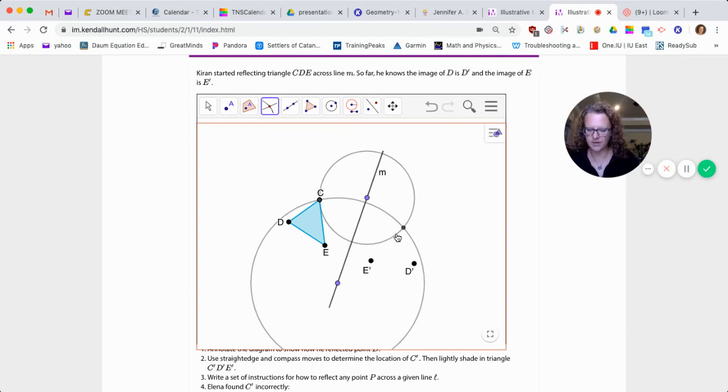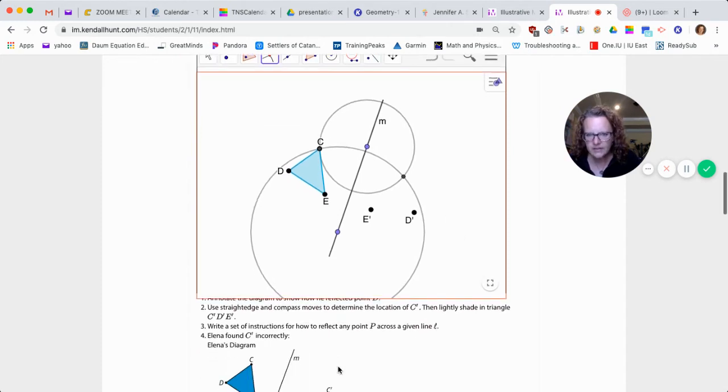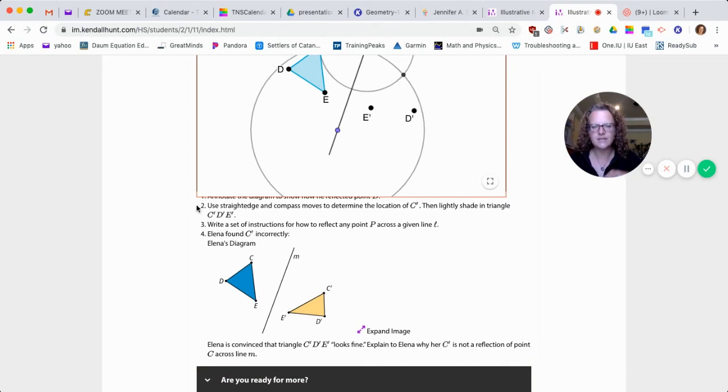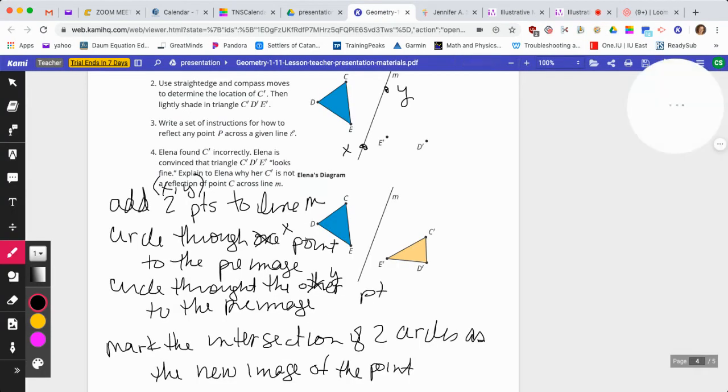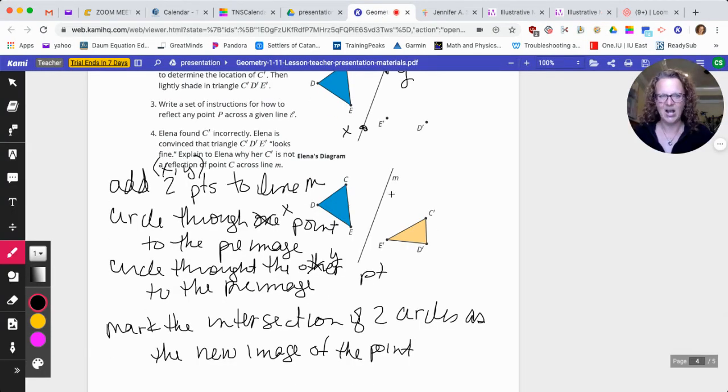Set of instructions. Alina found C prime incorrectly. Alina is convinced that triangle CDE looks fine. Explain to Alina why her C prime is not a reflection point across M. We can say it's not because the distance, if we put a point here, awesome.